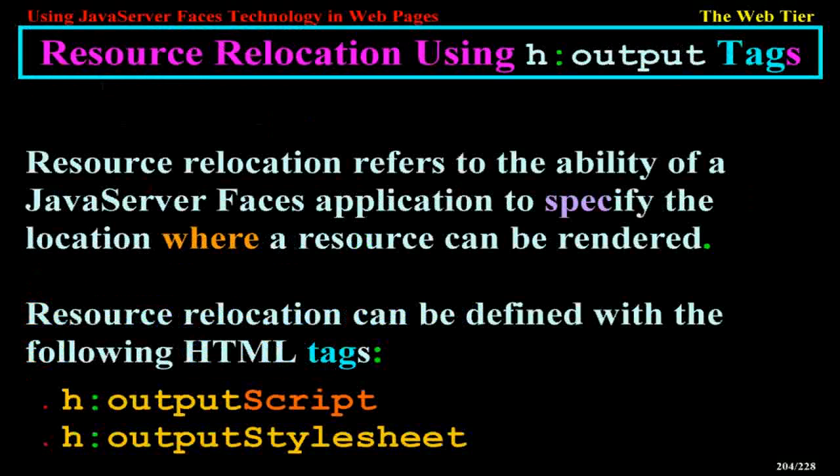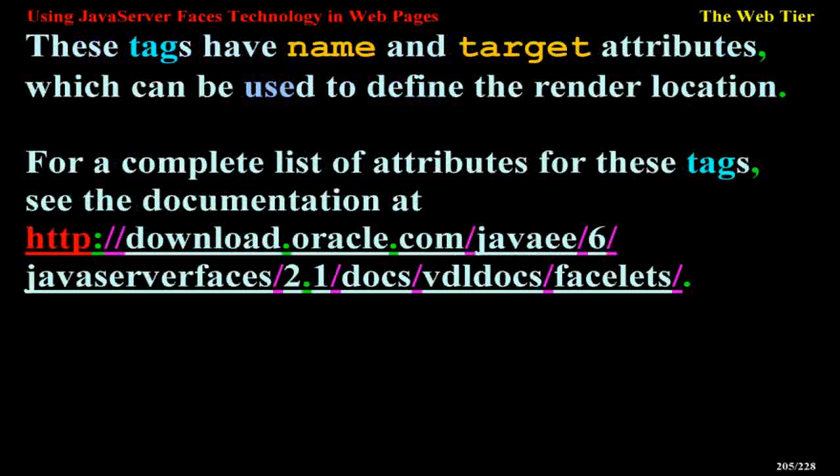Resource relocation refers to the ability of a JavaServer Faces application to specify the location where a resource can be rendered. Resource relocation can be defined with the following HTML tags: h:outputScript, h:outputStyleSheet. These tags have name and target attributes, which can be used to define the render location.